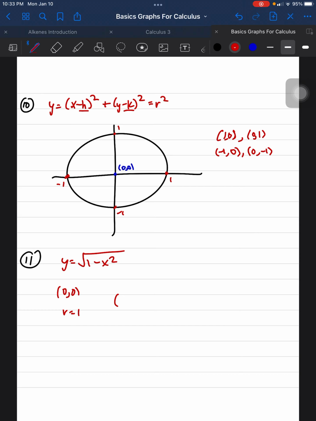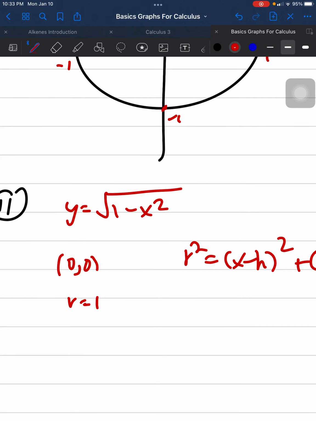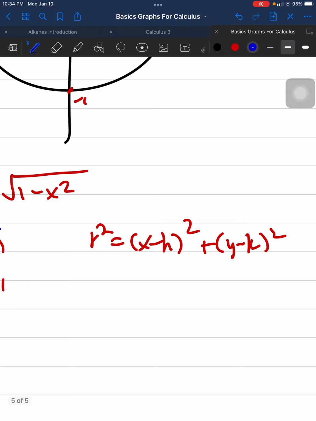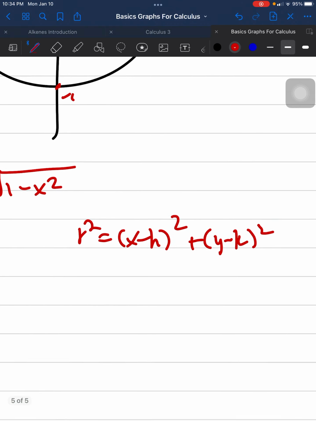The original formula right here is r squared equals (x minus h) squared plus (y minus k) squared. We know our h is 0, our k is 0, and our radius is 1.